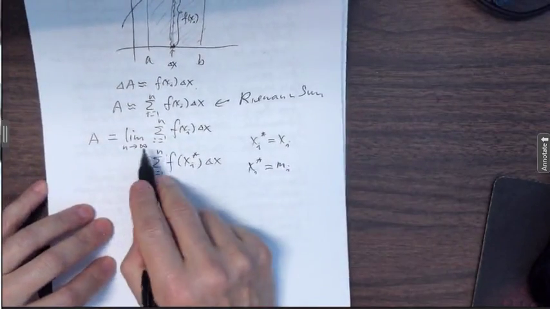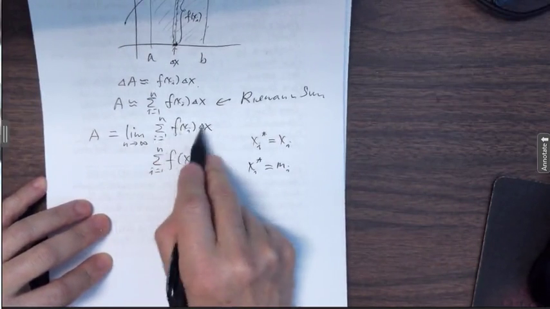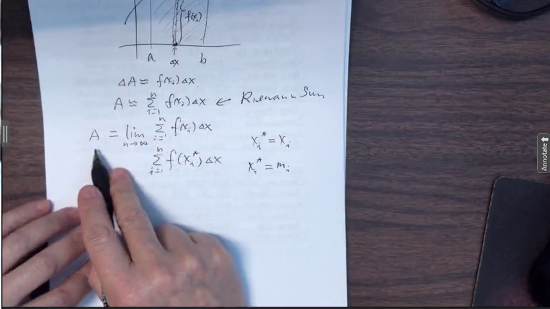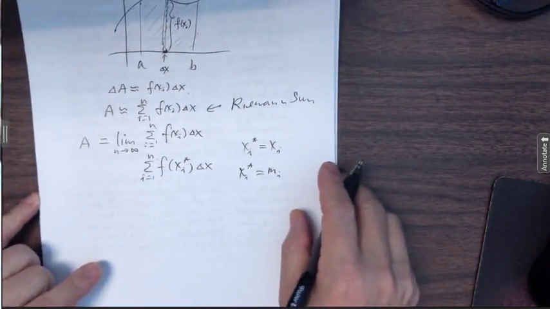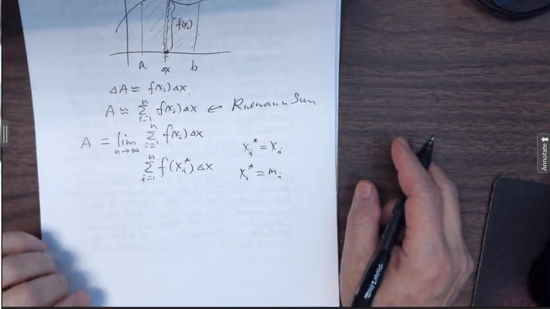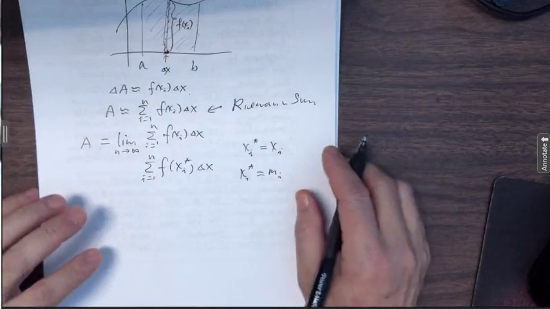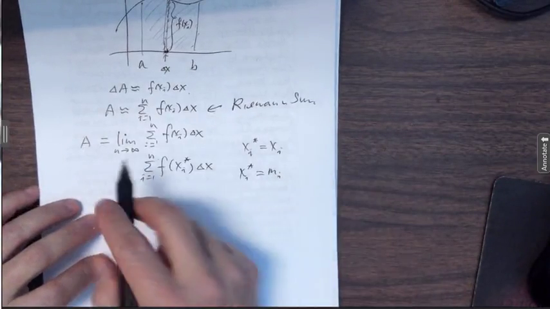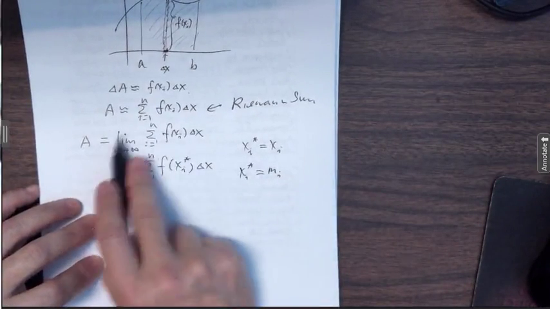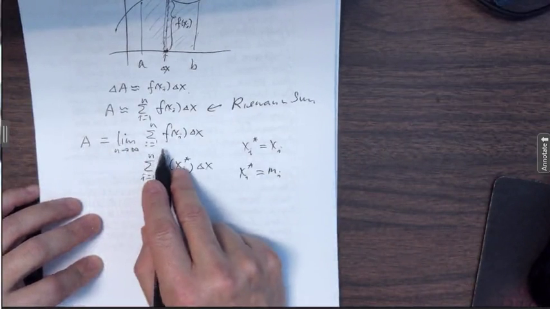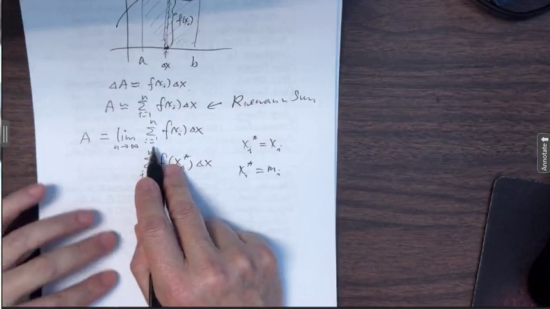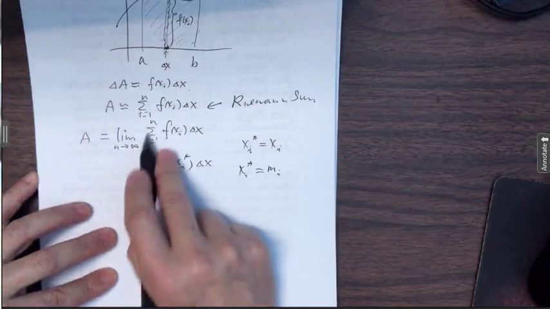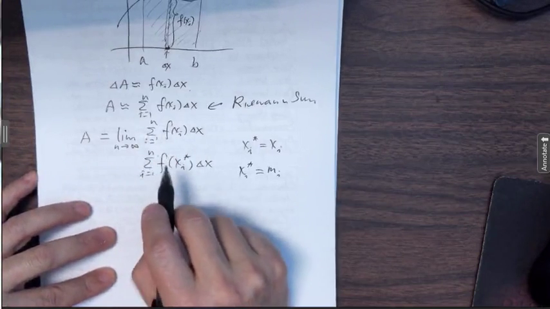Now let's go back to the limit expression. The limit of this Riemann sum is going to be the exact area. Well, from Math 140, Calculus 1 at Penn State, we learned it's very complicated to evaluate this expression, because there's a lot of work involved just to set this up.